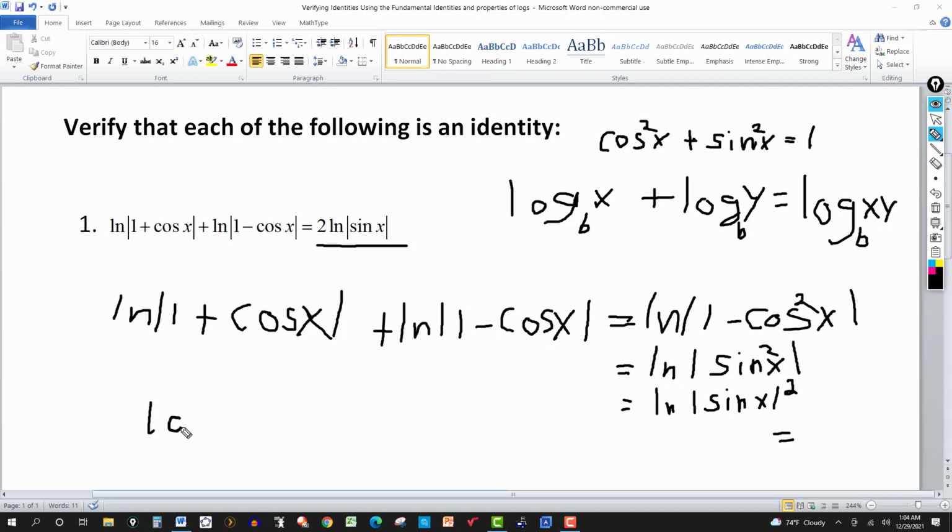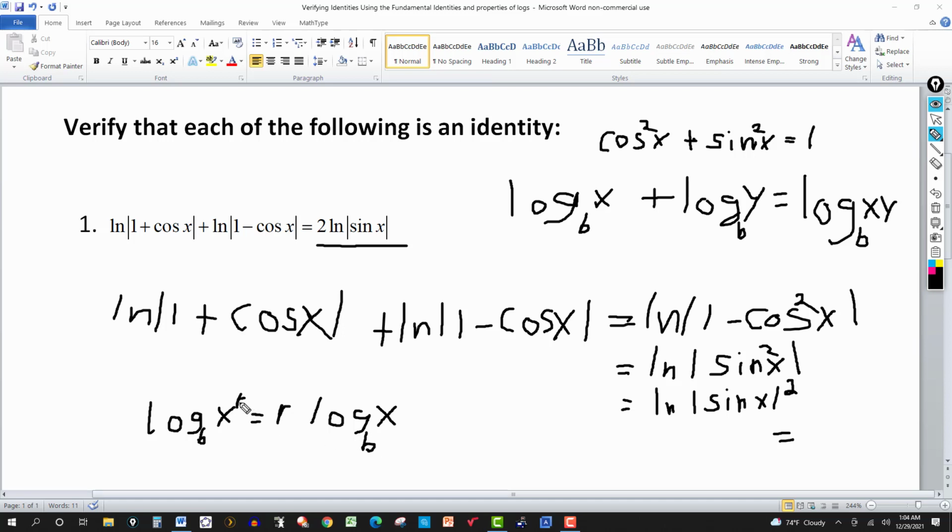If you have the log of some number x to base b, and say this number x is taken to the r power, I can rewrite this as r times the log of x to base b.